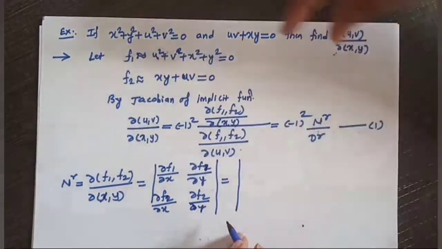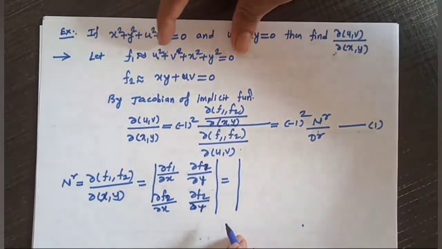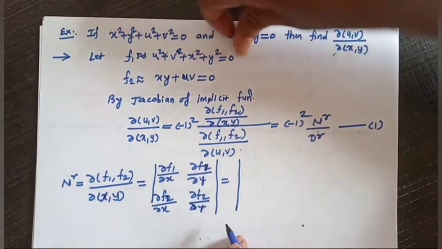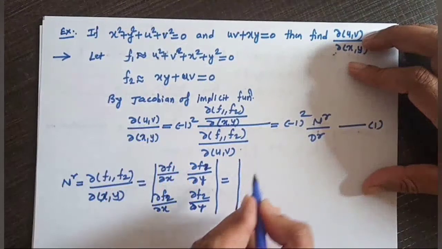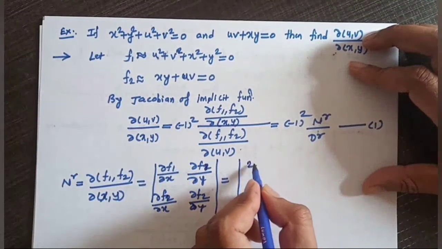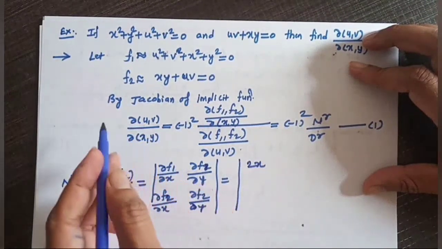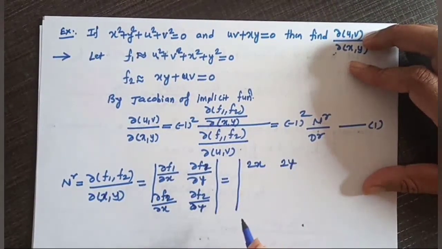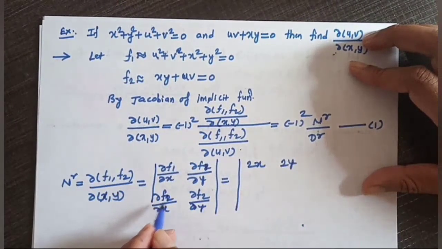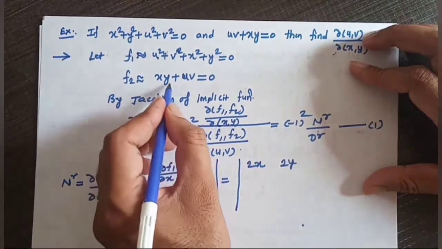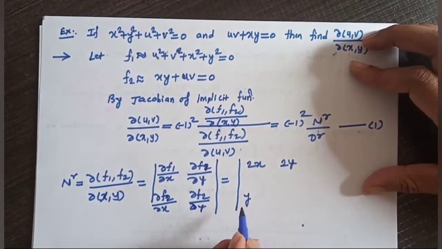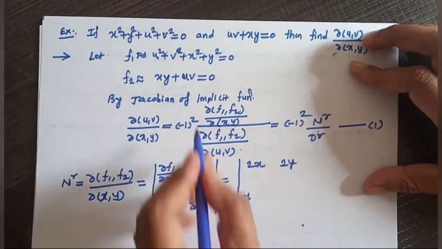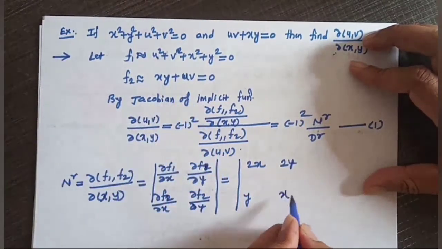What is f1? This is f1, u square plus v square plus x square plus y square. So differentiation of f1 with respect to x is 2x. Derivative of f1 with respect to y is 2y. Second row, derivative of f2 with respect to x is y, and derivative of f2 with respect to y is x.